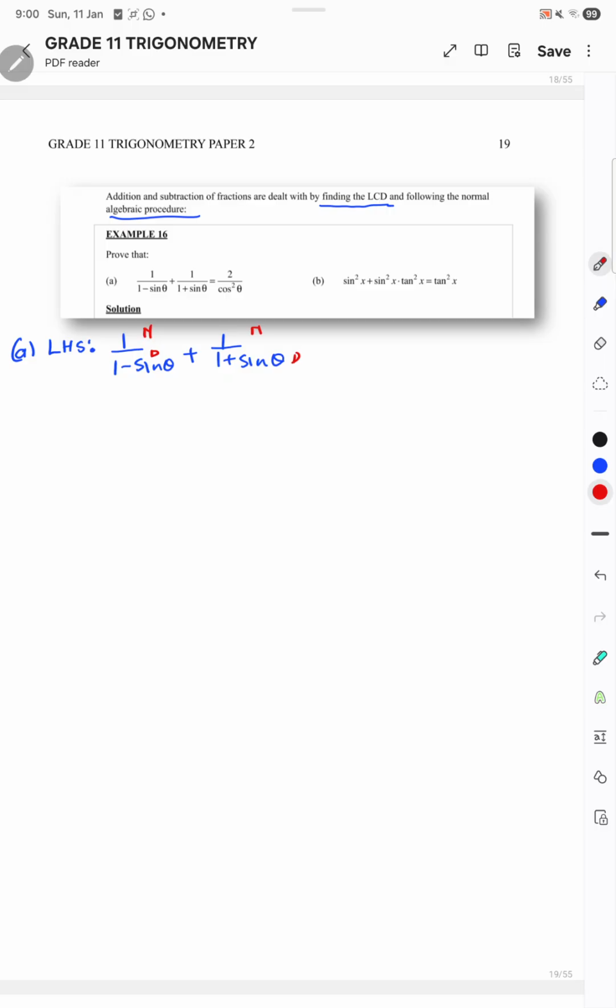All right, so for me to make the denominators the same, the LCD will have to be 1 minus sine theta times 1 plus sine theta, because this already has the 1 plus sine theta. So this side, I will have 1 over 1 minus sine theta. I already have 1 minus sine theta, so I need to introduce the other factor.